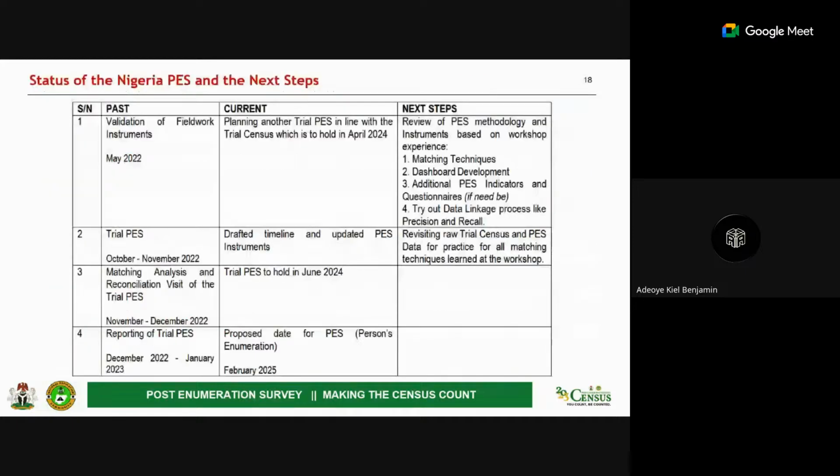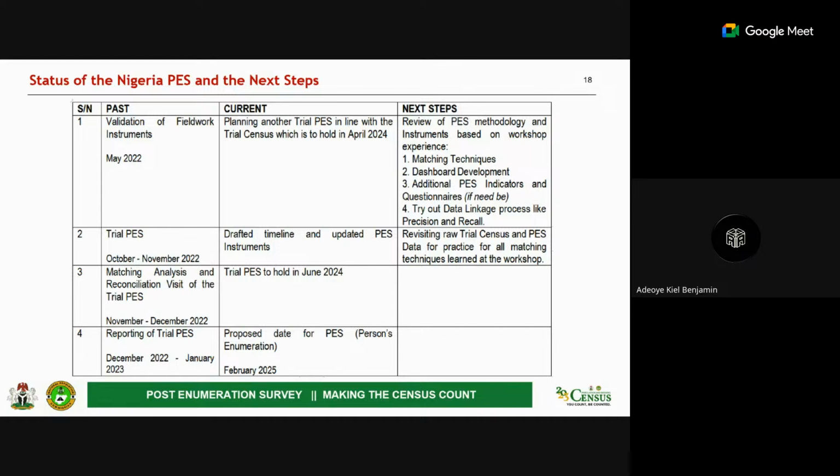Now, the second to the last slide I'll open to will be the status of the Nigerian PES, which we presented there. We looked at what we were able to achieve in the PES in the past. And then we look at the current situation of what we are able to achieve, and then we look at the next step. So for each of these 4 bullets, the validation of fieldwork instruments, we were able to do it in May 2022.